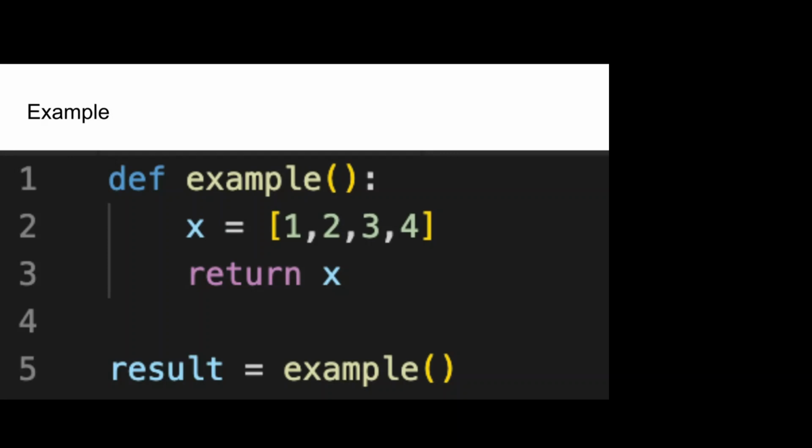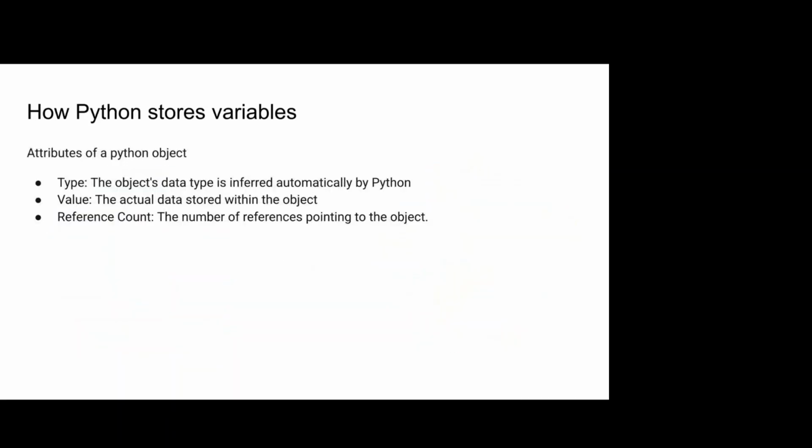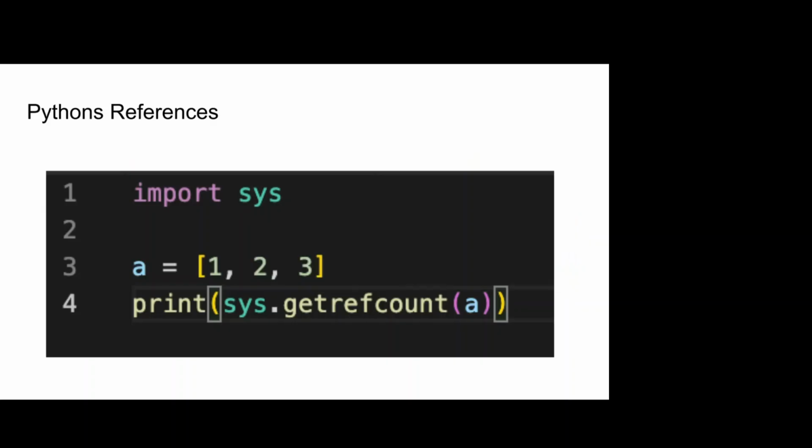That would be referencing the list, which was defined in the function example. The way to see how many references a variable has, you can use sys.getrefcount, which will print this for you.